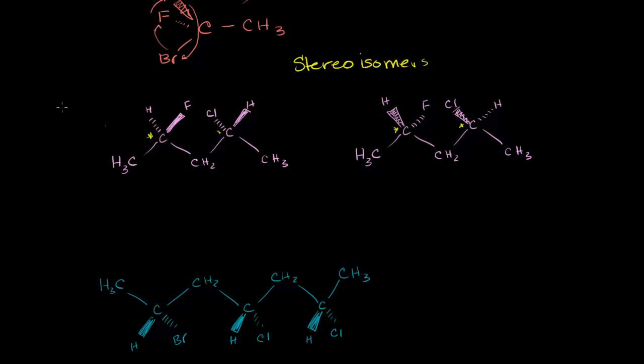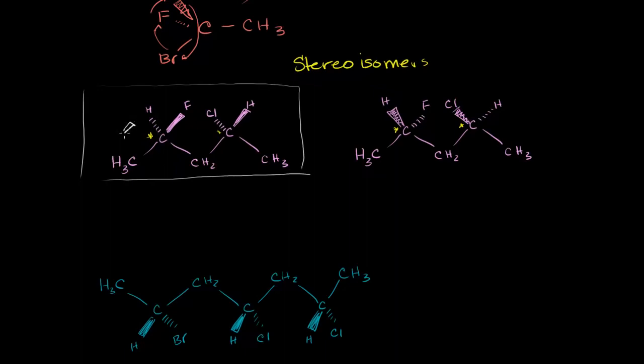Well, you can imagine putting a mirror behind this molecule. If you put a mirror behind this molecule, what would its reflection look like? In the image of the mirror, since the mirror is behind this whole molecule, this hydrogen is actually closer to the mirror.